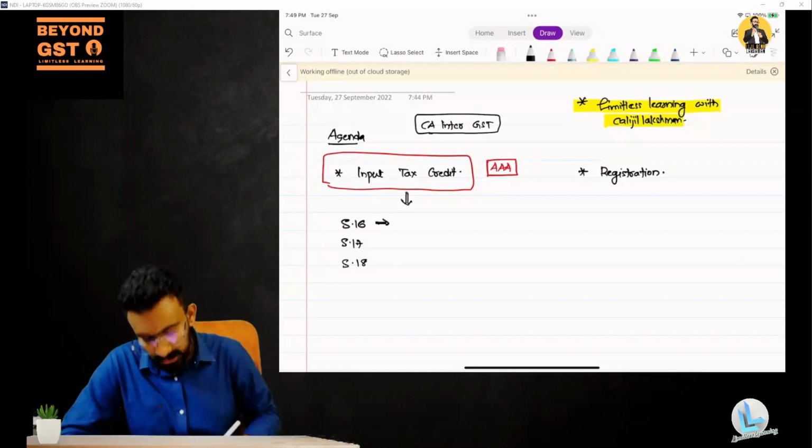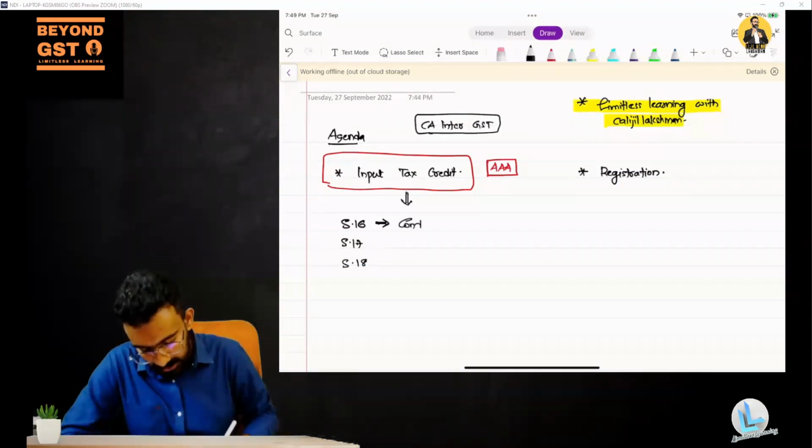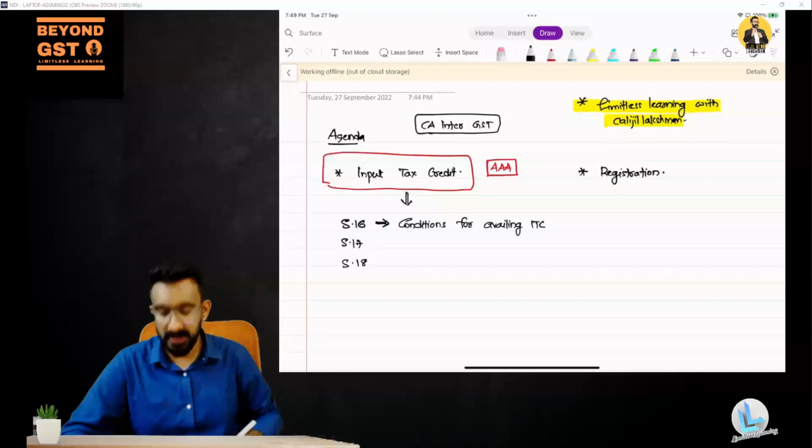Section 16 overall is very important, and it talks about the conditions for availing input tax credit.